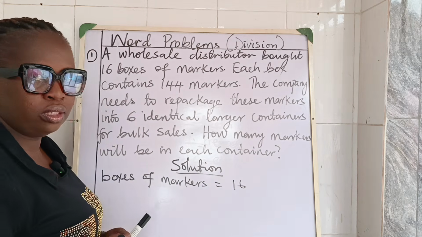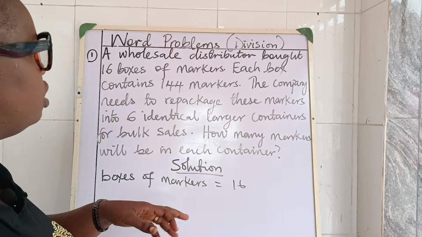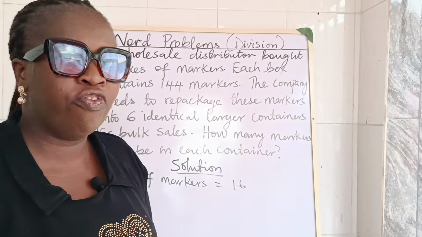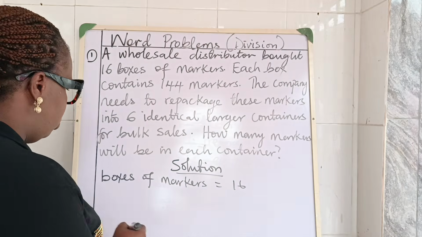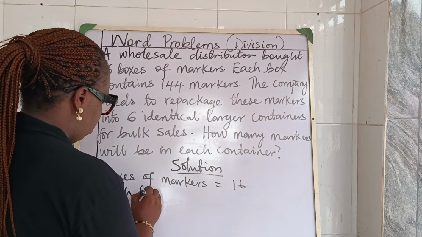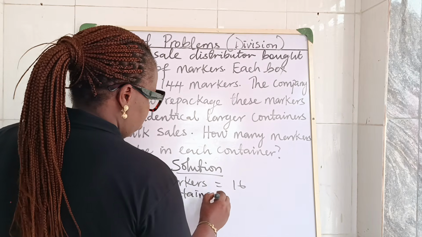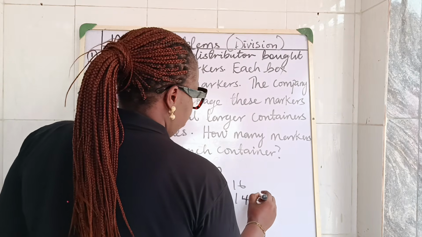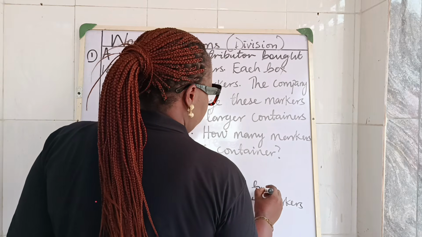Now the next one says each box contains 144 markers. Each box equals to what? 144 markers. Remember this one is boxes.